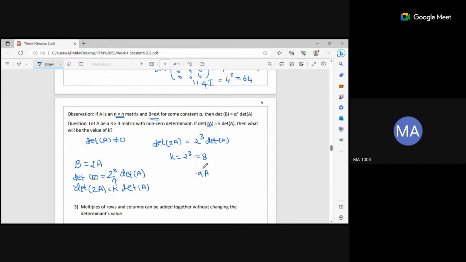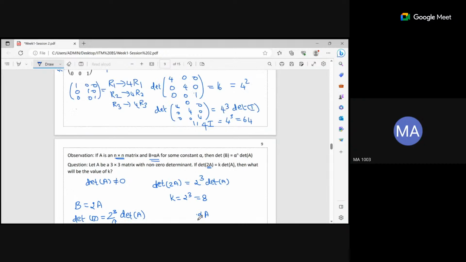But if I'm writing the scalar in front of a matrix, it means I'm going to multiply the scalar with all the entries of the matrix A. Am I clear? Yes, ma'am. Excuse me, ma'am, is this applicable only for the diagonal matrix?